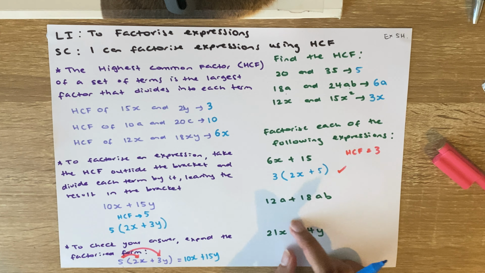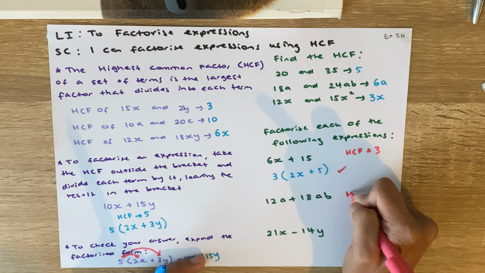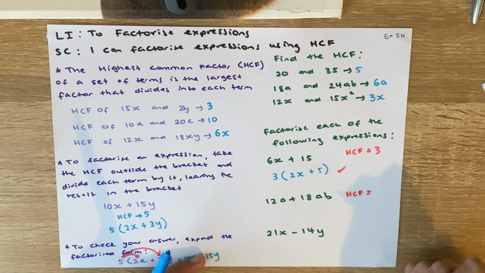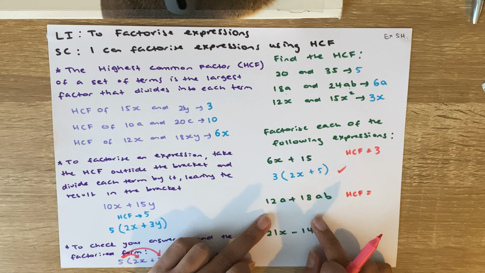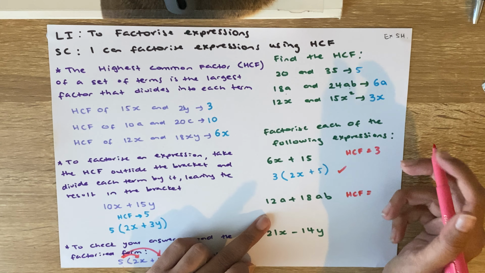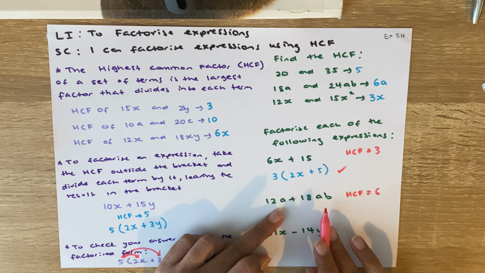This next one over here, 12a plus 18ab. Let's have a look at my highest common factor. We look at the numbers first, 12 and 18. What number goes into 12 and 18? The answer is 6. And we've got letters here as well, a and ab.